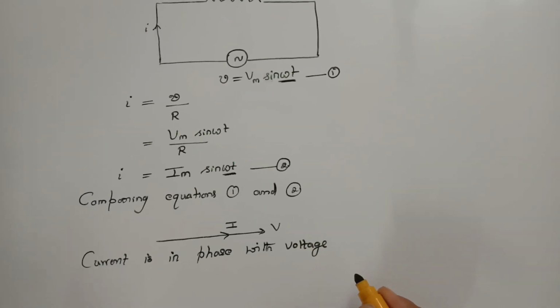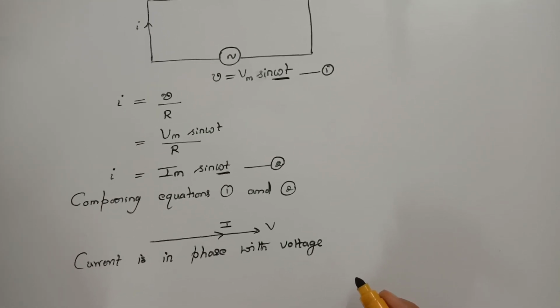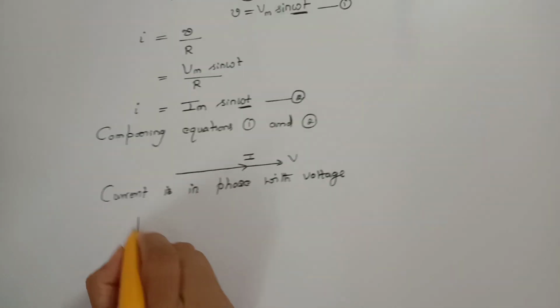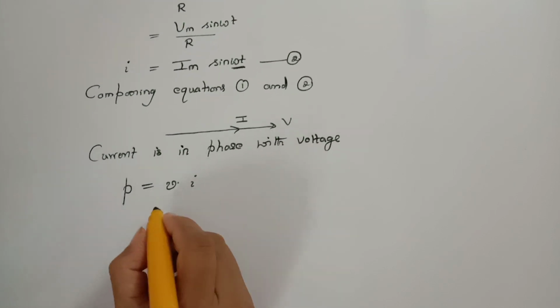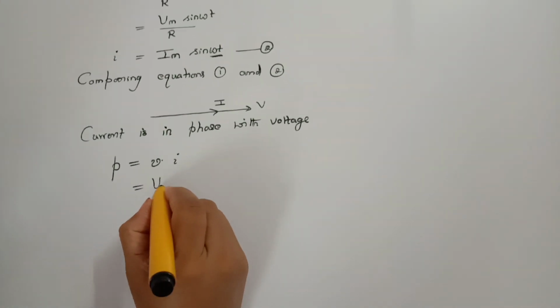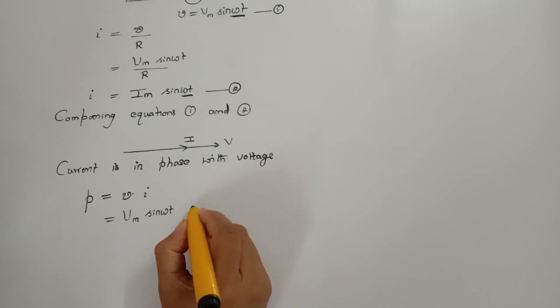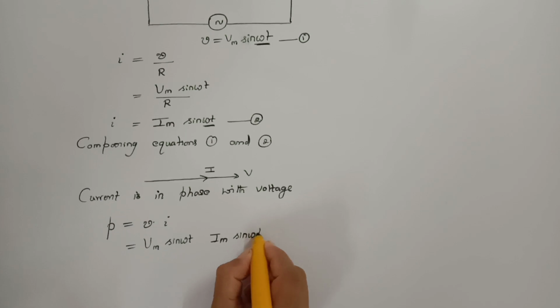This is one inference. Now we will find out instantaneous power consumed by the resistance, that is given by p is equal to v into i. Now we will substitute Vm sin omega t, i as Im sin omega t.